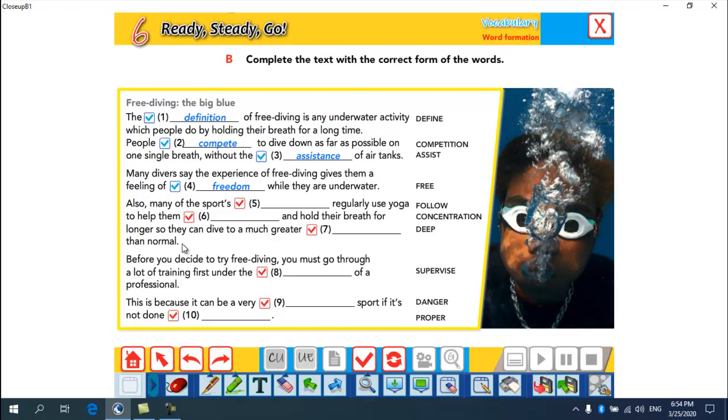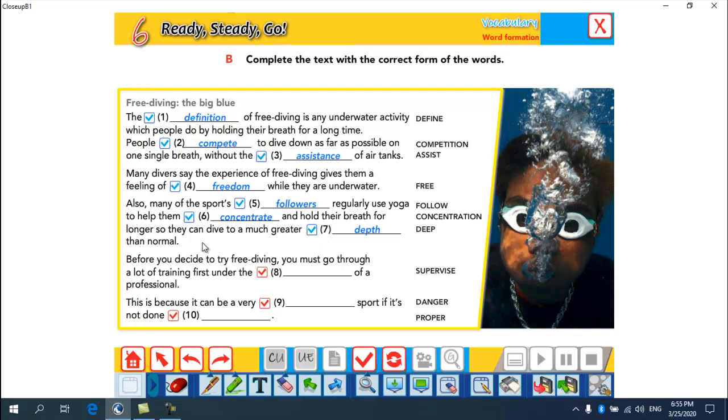Also, many of the sports followers regularly use yoga to help them concentrate and hold their breath for longer so they can dive to much greater depth. So let's start from the beginning. Also, many of the sports, yeah, followers regularly use yoga to help them, exactly, concentrate and hold their breath for longer so they can dive to much greater depth.